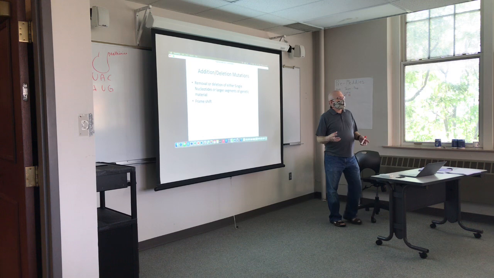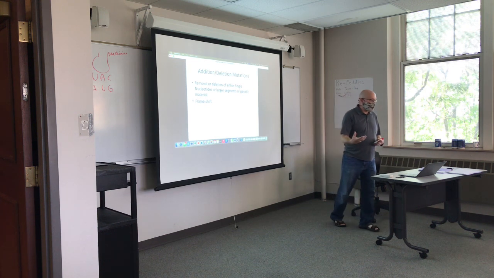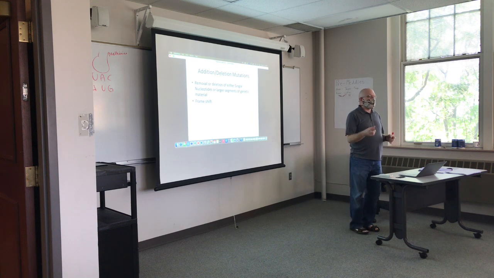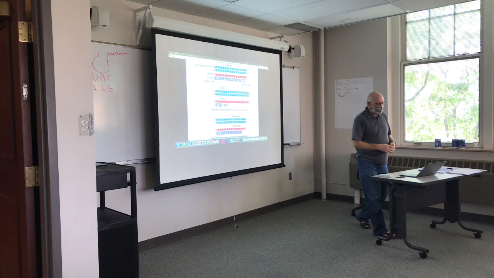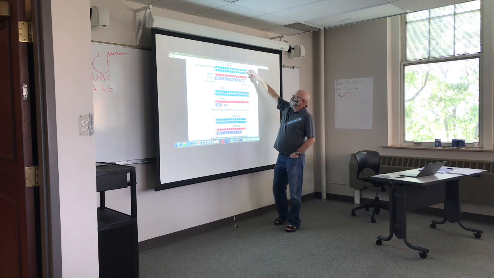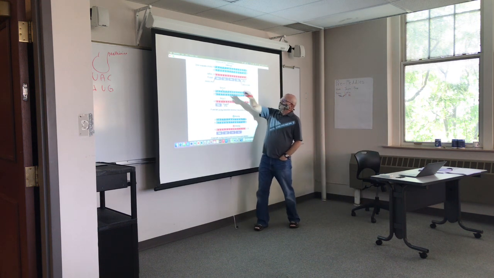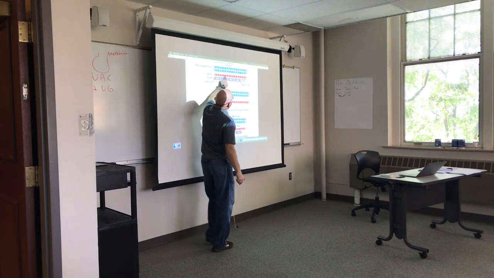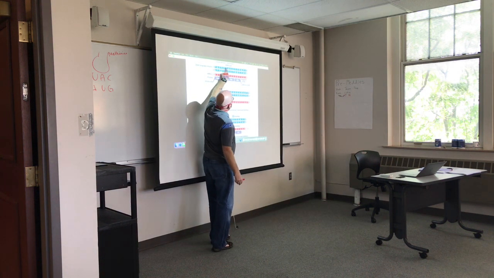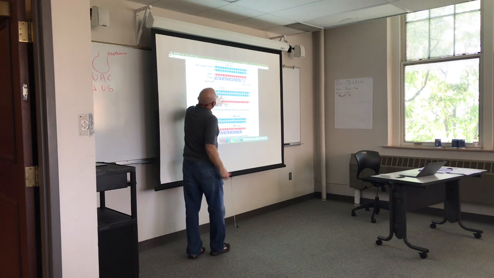Additions and deletions can have catastrophic effects on DNA because of what we call frame shifting. So if you have a DNA template, and from this DNA template, you're building your messenger RNA molecule off of this messenger RNA.